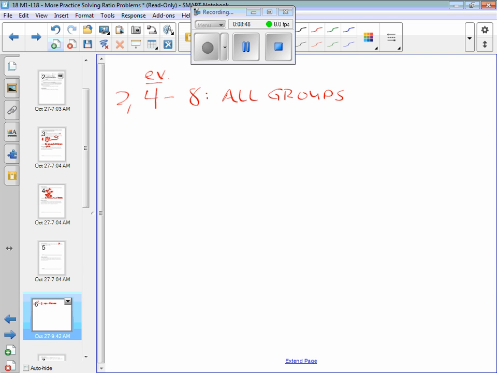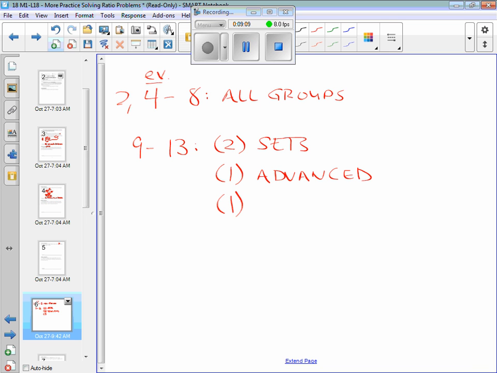And then 9 through, I think it's 13. There's 2 sets. One set for advanced, they already have it. And one regular, which is already in your book.